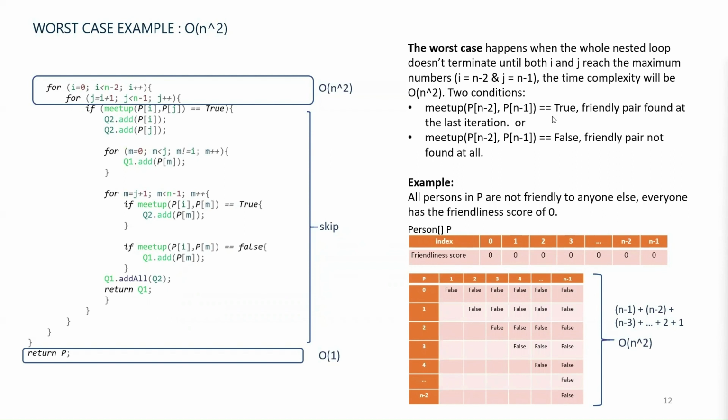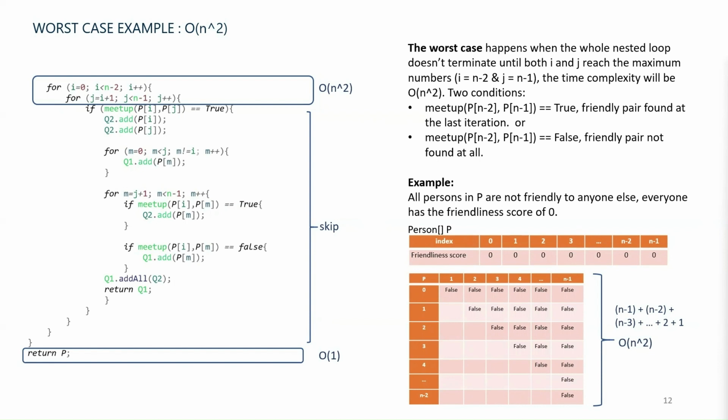The first one: if meetup(Pn-2, Pn-1) returns true, which are the last two persons in the list, so the friendly pair is found at the last iteration. Or the other condition: if the meetup of the last two persons returns false, the friendly pair is not found at all.